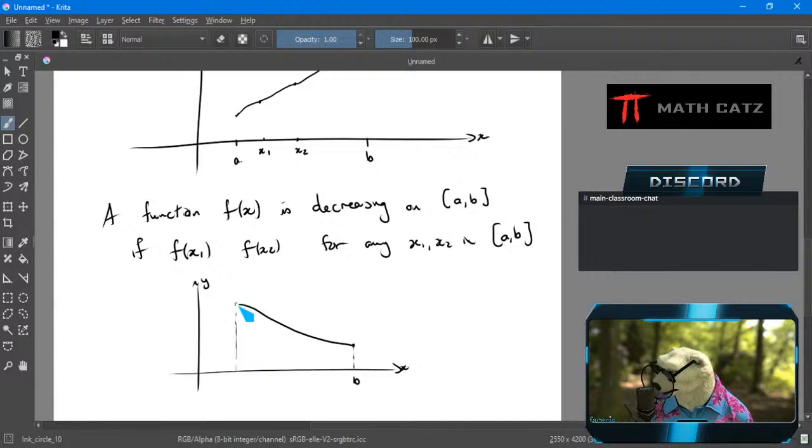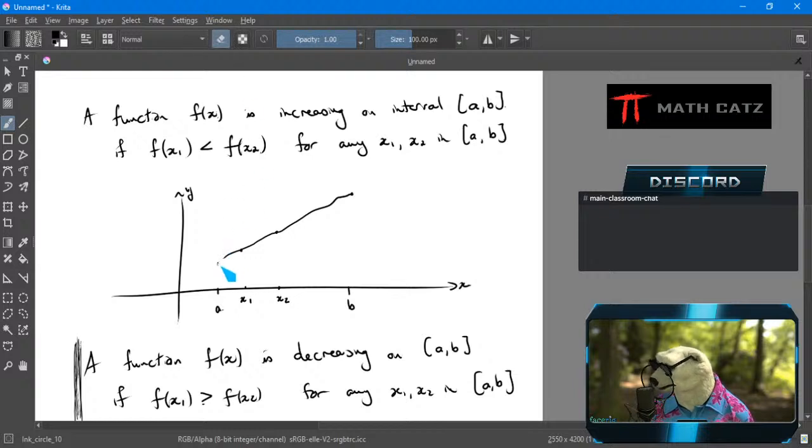Could be slow. You see up here, it's slowly going down, then it speeds up a little bit. Either way, it's going downhill. So if I compare any two points in this window, in this interval, the first one needs to be greater than the second. Now again, don't just look at the picture, just understand what we mean by increasing and decreasing, downhill, uphill.